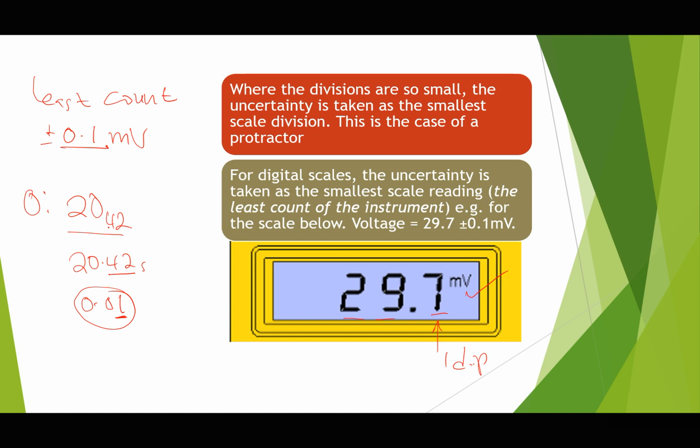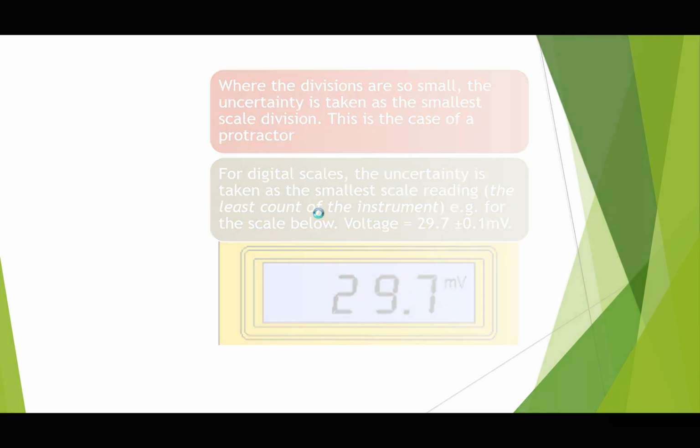Therefore, the uncertainty in such a stopwatch would be plus or minus 0.01 in seconds. Remember, this is in minutes, this is in seconds, this is in hundredths of a second. That's why I have here 20.42. So for digital scales, the uncertainty is taken as the smallest scale reading, which we shall precisely call the least count. So if I know the least count, I can fully and easily tell the uncertainty in that instrument.